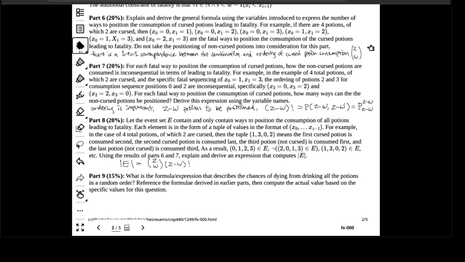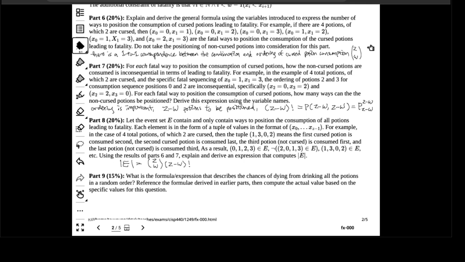But that's just accounting for ways to position the cursed potions. And then Z minus W factorial is giving us the number of ways of how we can position the non-cursed potions for each way of positioning the cursed potions. So when we multiply these two, the product is representing the total number of ways of positioning all Z or 10 potions in this case to end up with fatality.